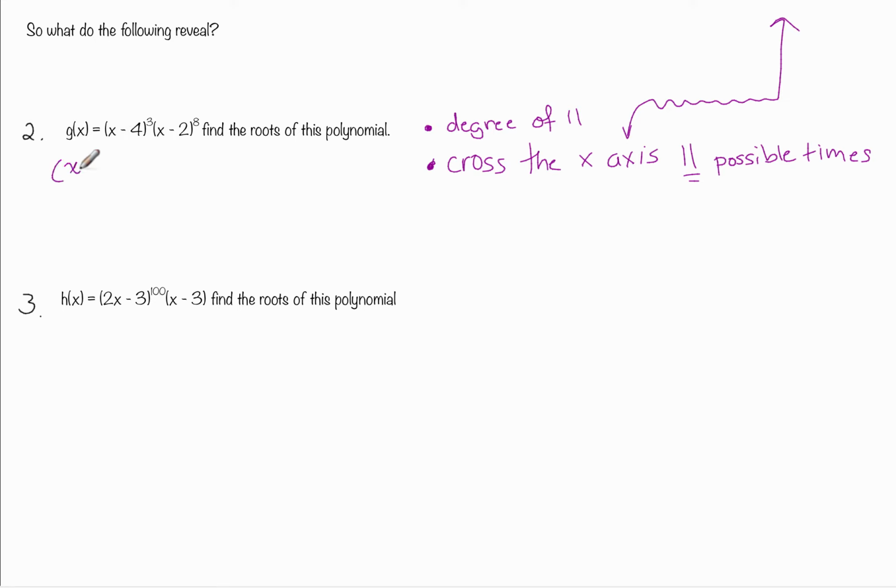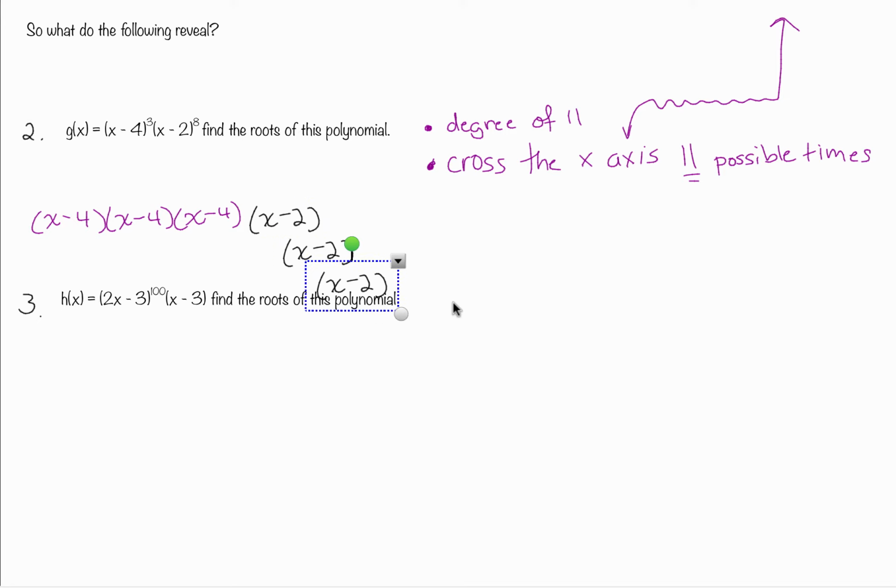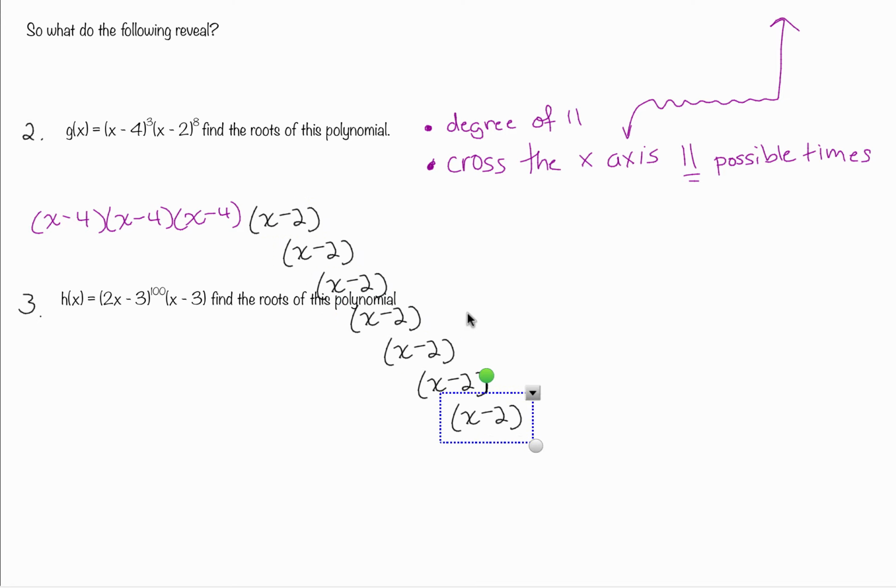Well, that means that's x minus 4 times x minus 4 times x minus 4. And then this x minus 2 to the eighth, well, that means I've got 8 of those. Let me move this down here. Through the magic of Smartboard, 2, 3, 4, 5, 6, 7, 8.